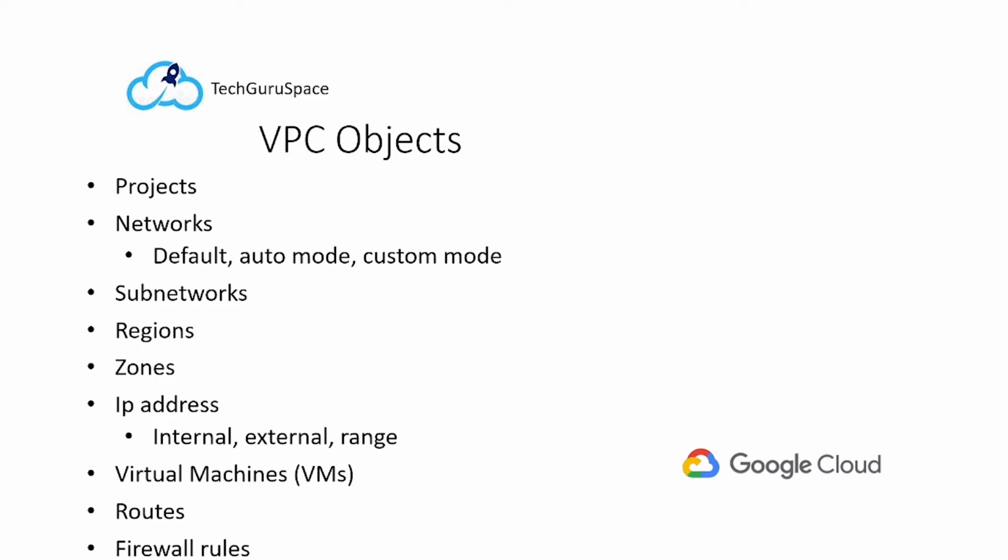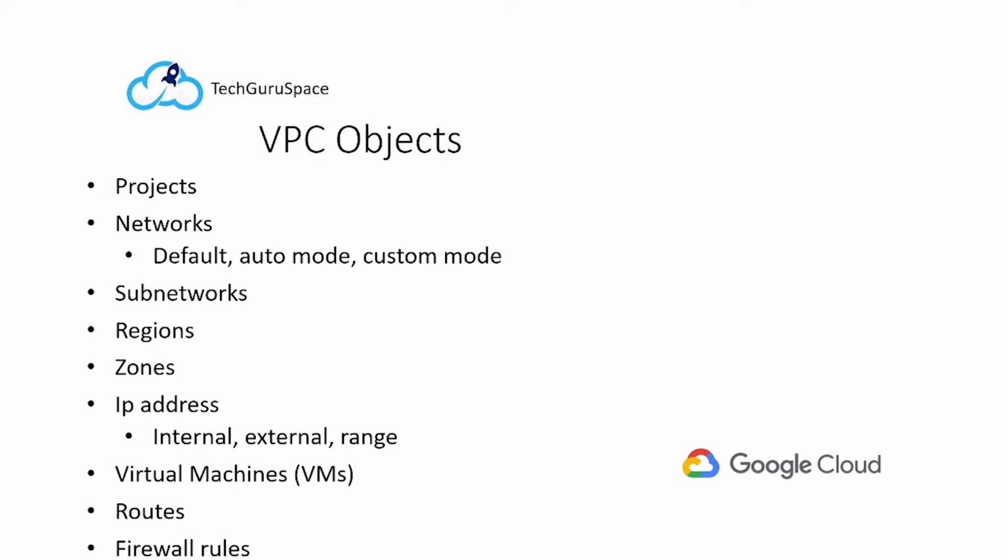Projects, the first one, encompass every single service that you use, including networks. Networks come in three different flavors: default, auto mode, and custom mode. Subnetworks allow you to divide or segregate your environment.